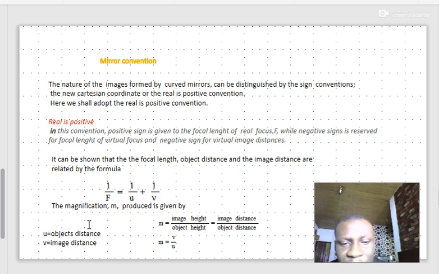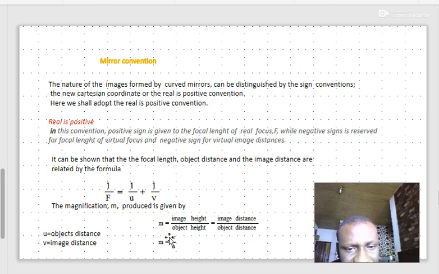The magnification is a ratio that connects the object size to the image size, how big the image is relative to the object. We can describe the magnification m of the mirror as the image height over object height, equal to image size over object size, and this is also the same as the image distance over the object distance.